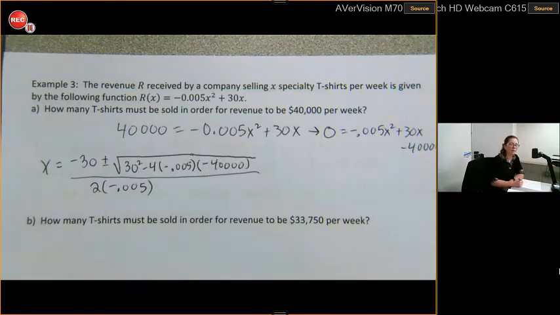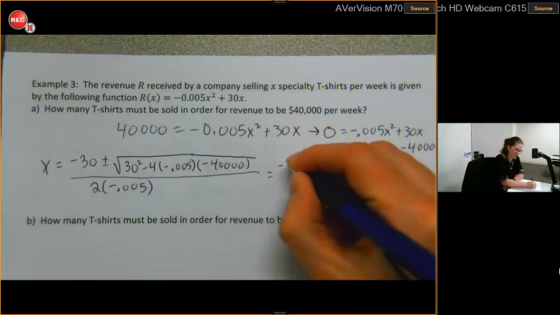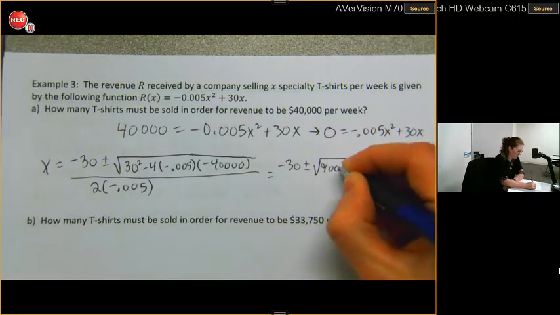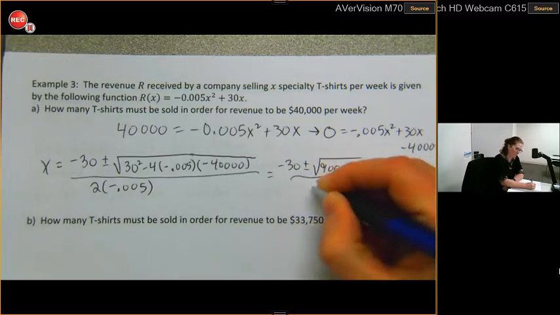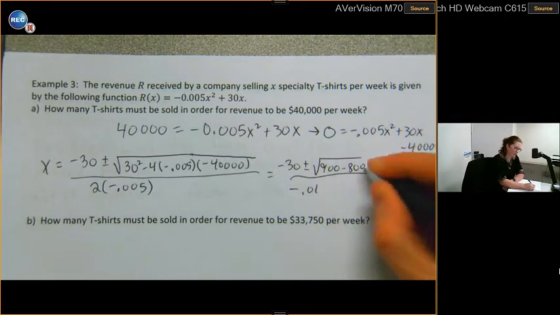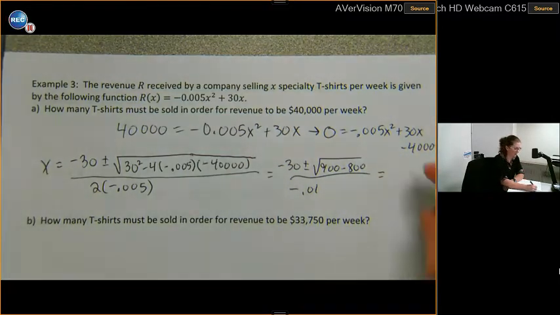And here's where you definitely want to be using a calculator. So you get negative 30 plus or minus, and it's going to be 900 minus 800 all over negative 0.01. 900 minus 800 is 100, and the square root of 100 is 10.